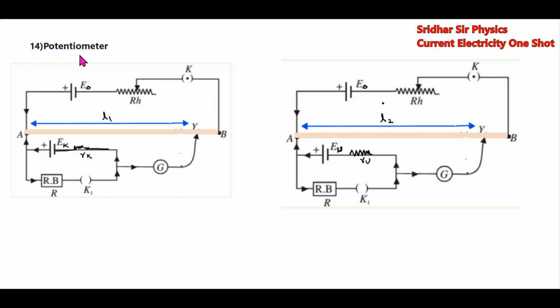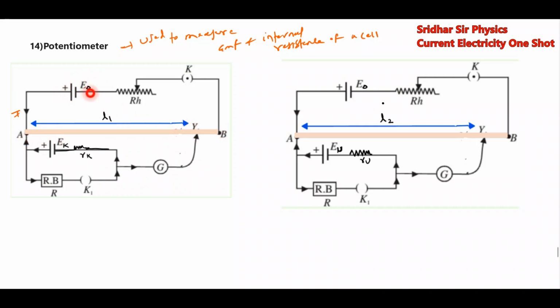Next we have the potentiometer. It's a device used to measure the EMF and internal resistance of a cell. Now what all will it have? This is called a potentiometer wire AB.